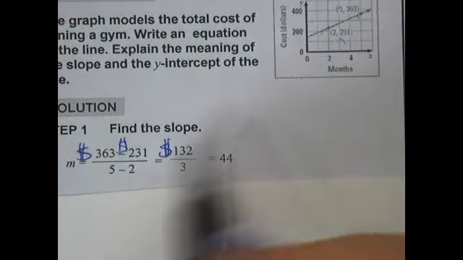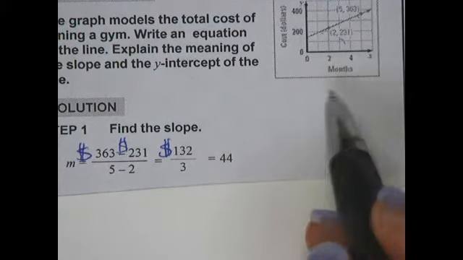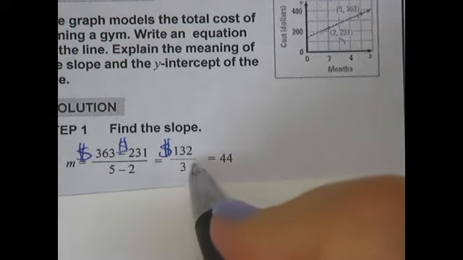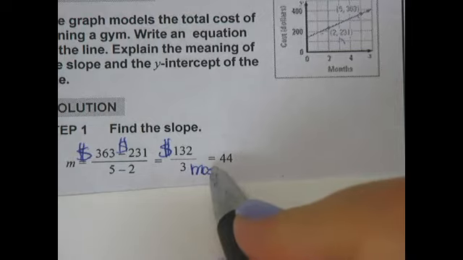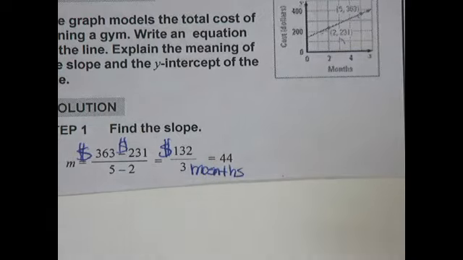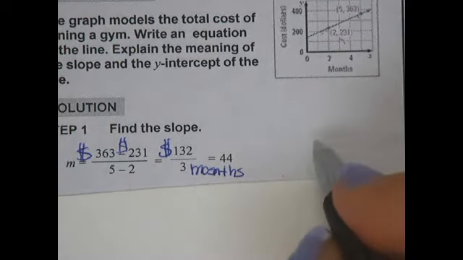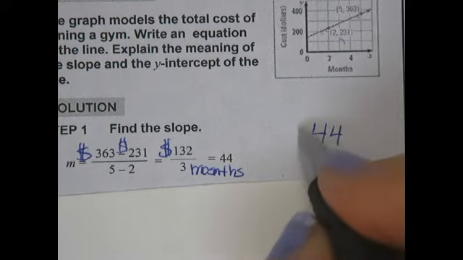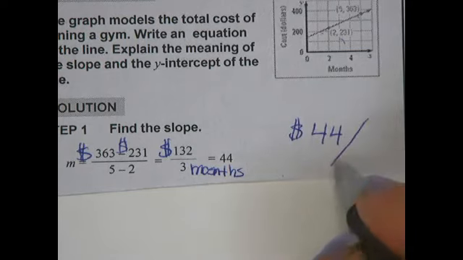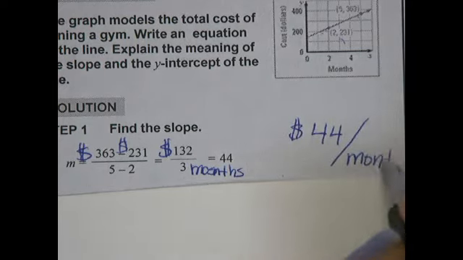Now let's take a look at what that means. On the y-axis, this is cost in dollars. So these are all dollars. So when you talk about the meaning of slope, sometimes it's beneficial to go back and put the labels in. This is dollars, and the denominator, 5 minus 2, these are months.